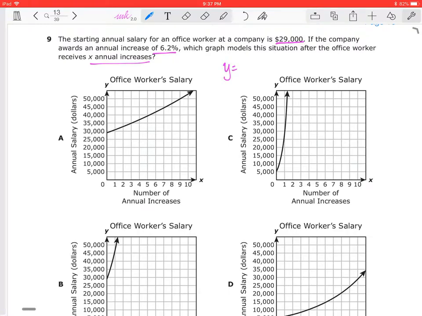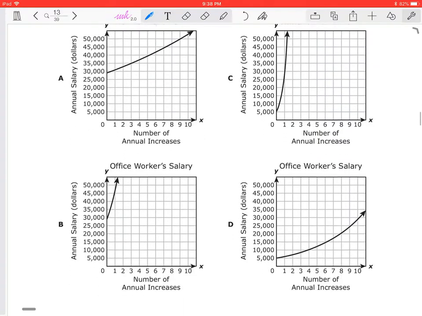If this was an exponential function, it would be y equals 29,000 times our b value, which would be 1 plus 6.2 divided by 100, which is 0.062, to the power of x.